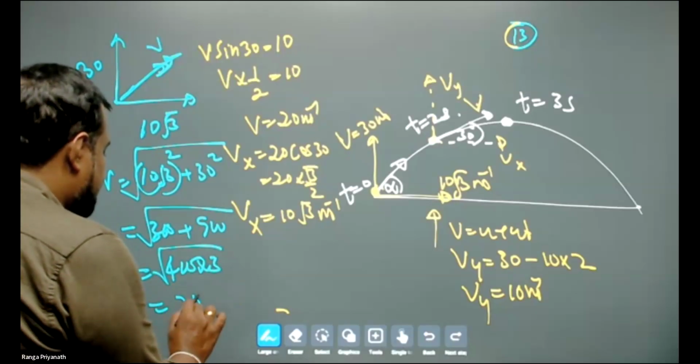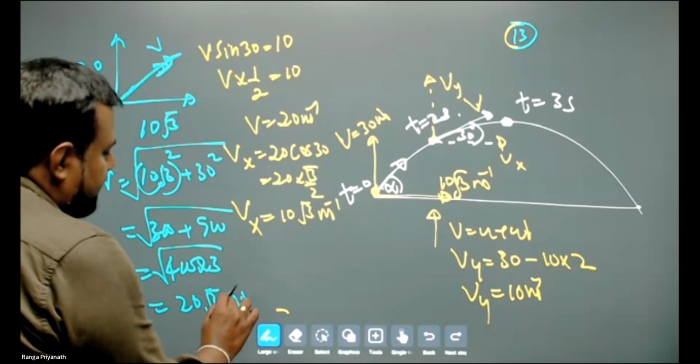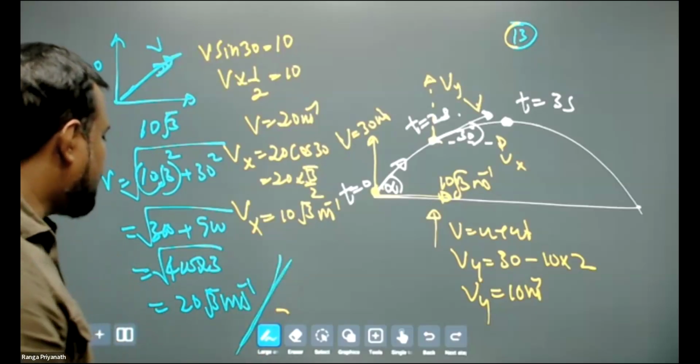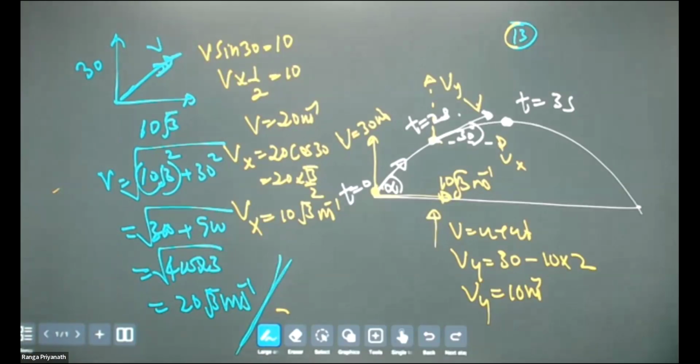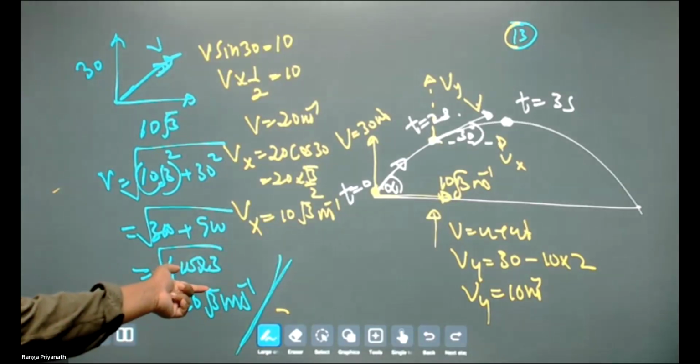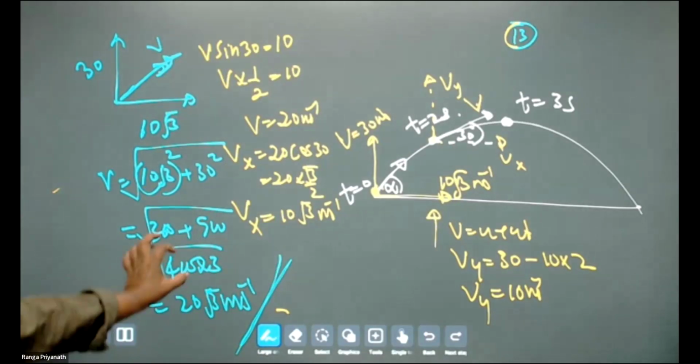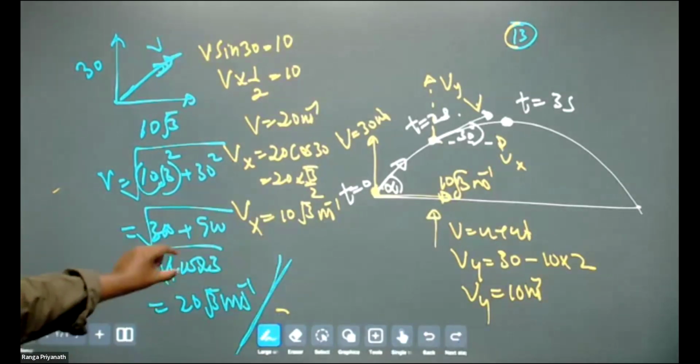I can take 400 out, that means 20 root 3 m/s.